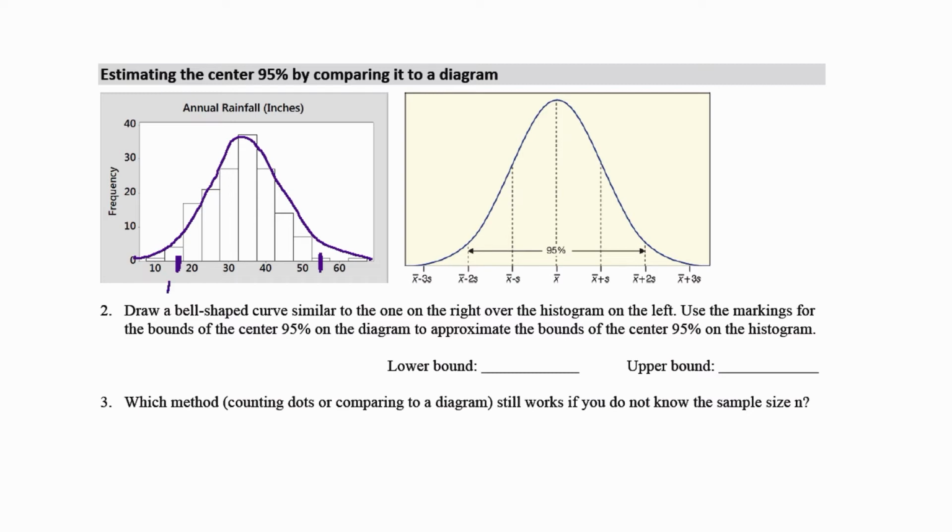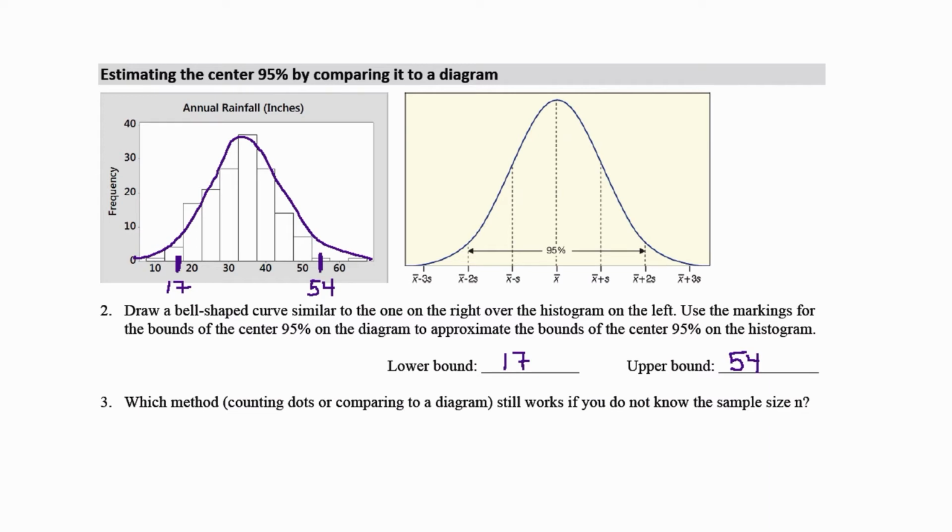So that would go from around 17 to around, I'd go a little higher on this than I got from counting dots, because as we can see, those two last bars are really quite short. So our distribution wasn't quite bell-shaped. But if I just go with this approach, I'm going to say maybe 54 for my upper. So I'll go from a lower bound of 17 to an upper bound of 54.